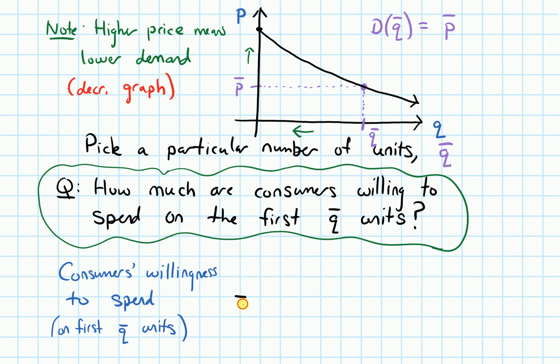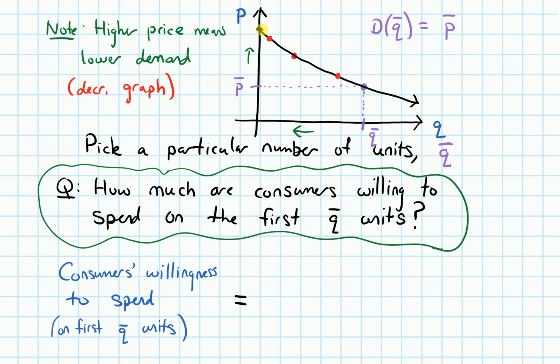Okay, so this is something that I'm going to try to give kind of a conceptual explanation for what it ends up equaling. Okay, so there's some consumers who are willing to pay a really high price, like over here, for the item. There's some consumers, on the other hand, who would be willing to spend a lower value for the item, like over there. And there are other consumers who would be willing to spend somewhere in the middle.